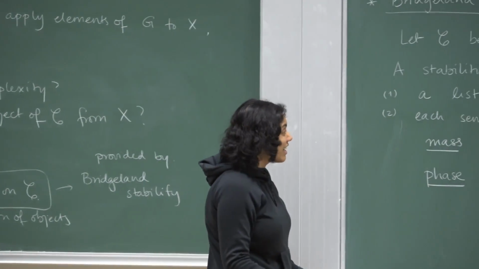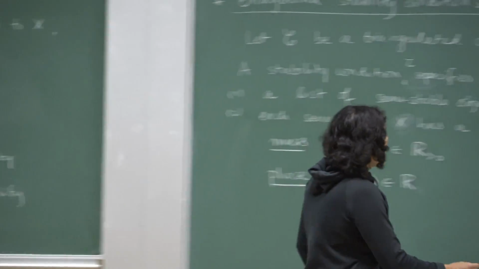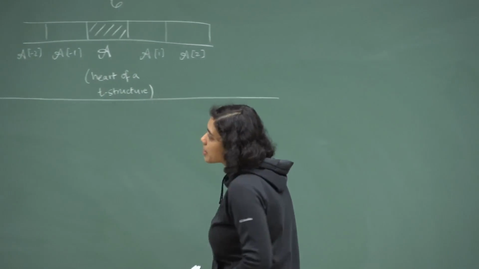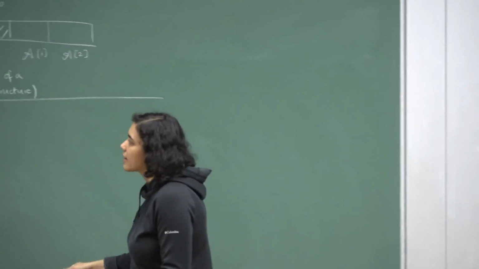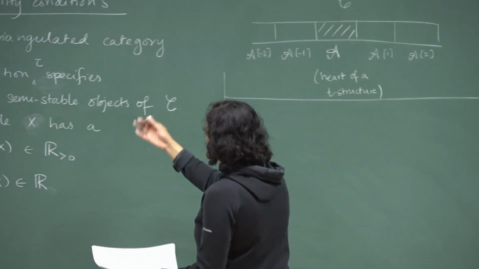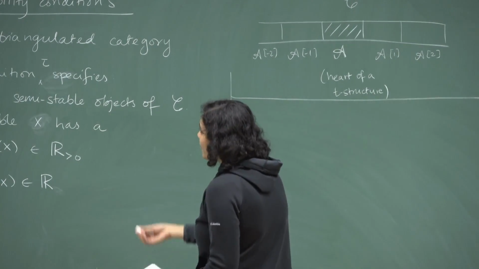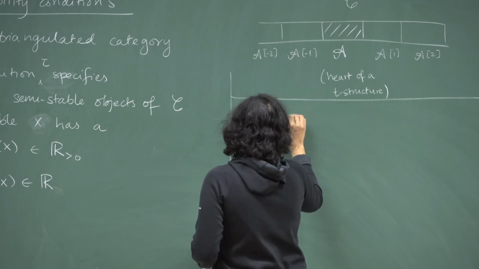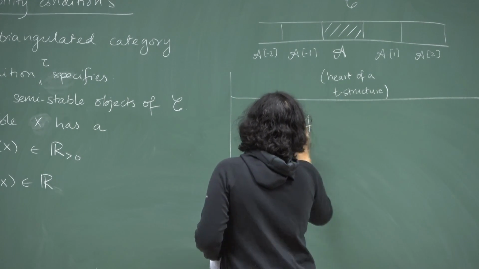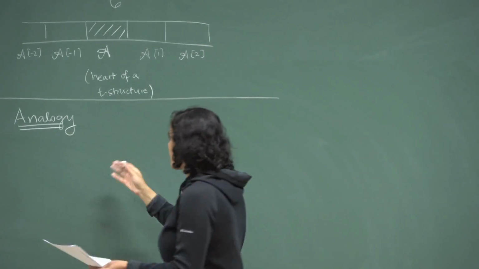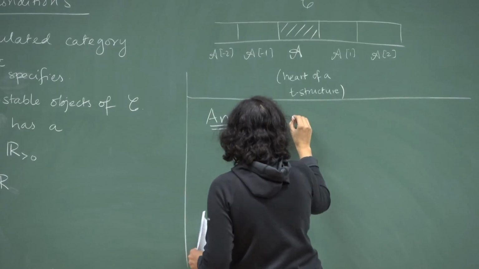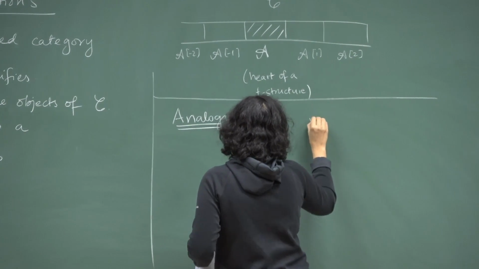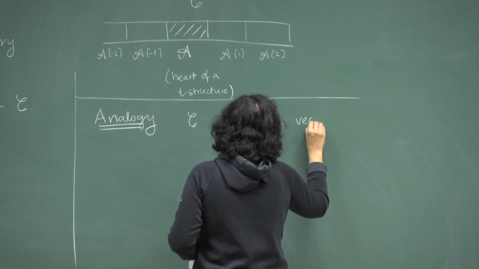If you've never seen any kind of stability before, this is a complete analogy of the kind of thinking that I want. So you should think of an analogy. This is not mathematical in some sense, it's analogous. This is an analogy of comparing C versus a vector space.